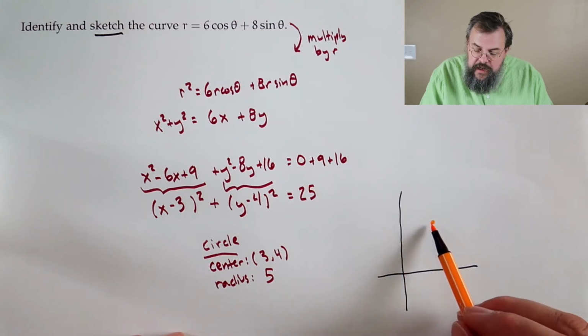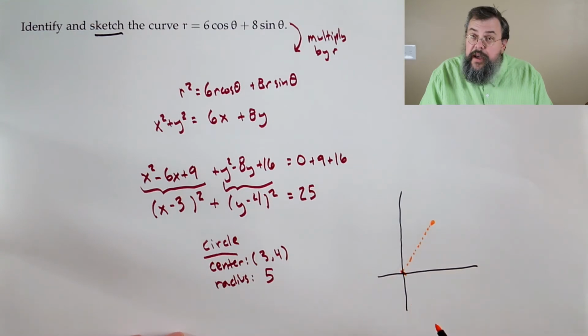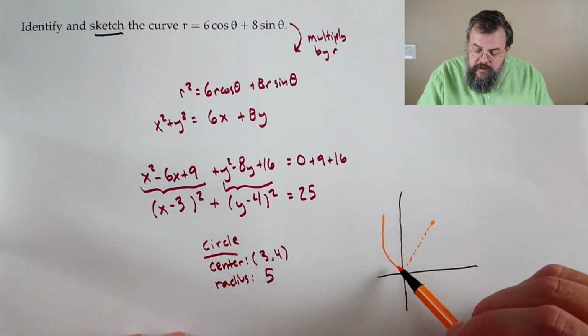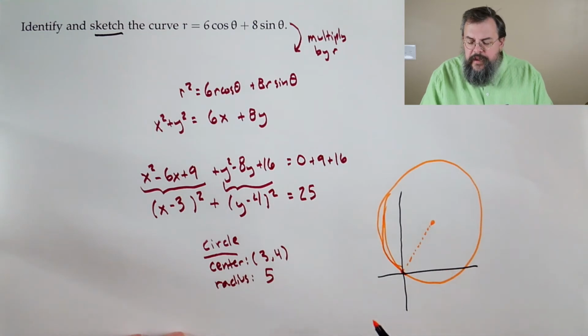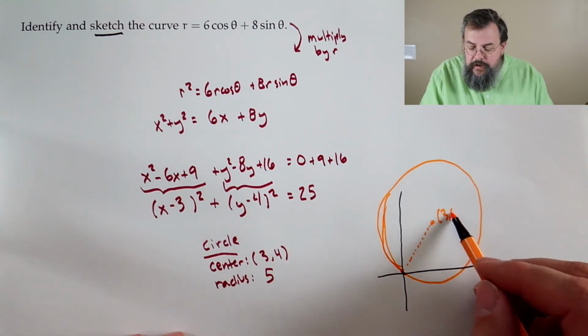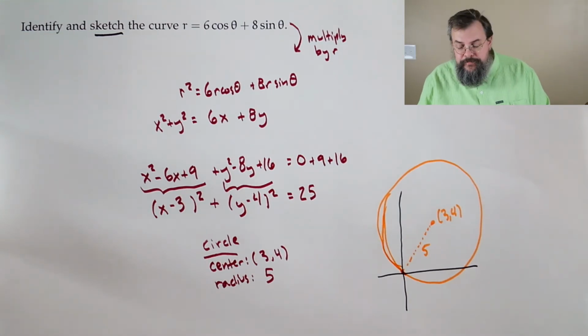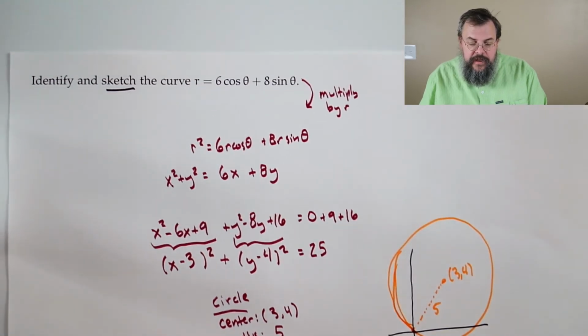Well, you can check the distance from the point 3, 4 to the origin is actually 5, so it's going to pass through the origin. And so we get the following circle. Well, something like that. So there we go. 3, 4, and radius 5. And that's our picture. All right. Great. Beautiful. Okay. So let's keep going. Doing well so far.